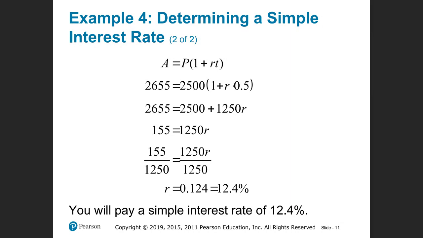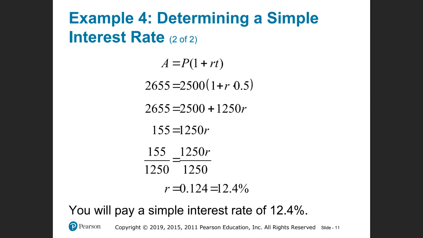We want to solve for R, which means we get it on one side of the equation. So we are going to subtract 2,500 from both sides of the equation. Remember, you have to do the same thing to both sides. So that gives us 155, which is 2,655 minus $2,500, is equal to 1,250R.